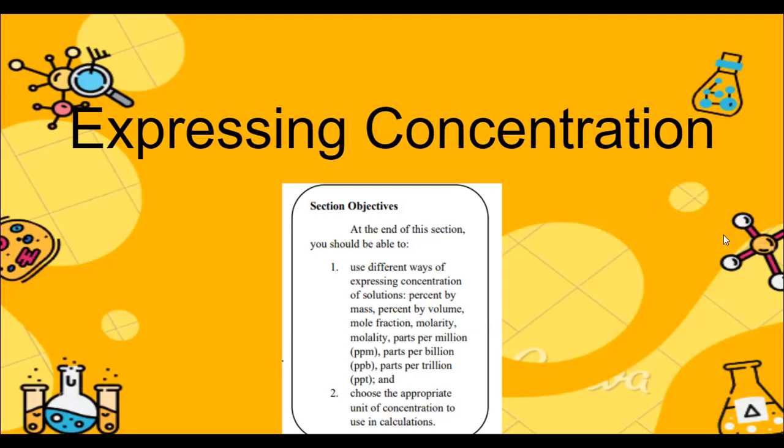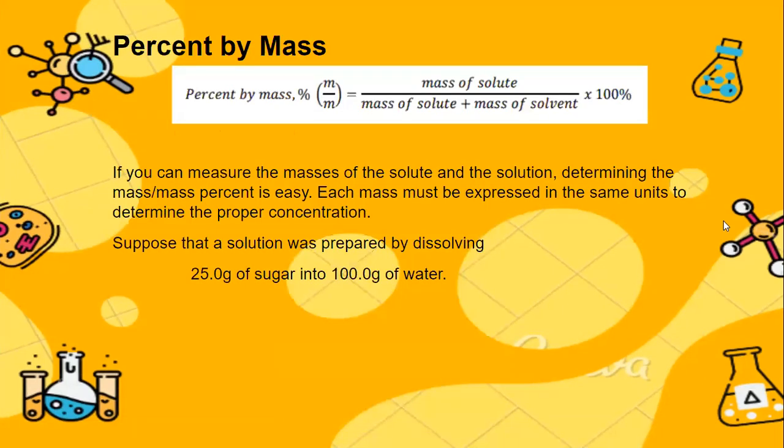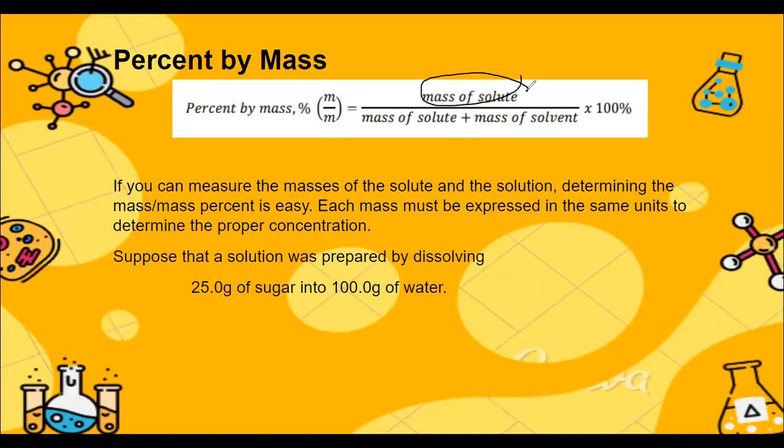All right. So our first way of expressing concentrations is the percent by mass. As you can see in our slide, we have here the formula. Percent by mass equals mass of solute divided by mass of solute plus mass of solvent.